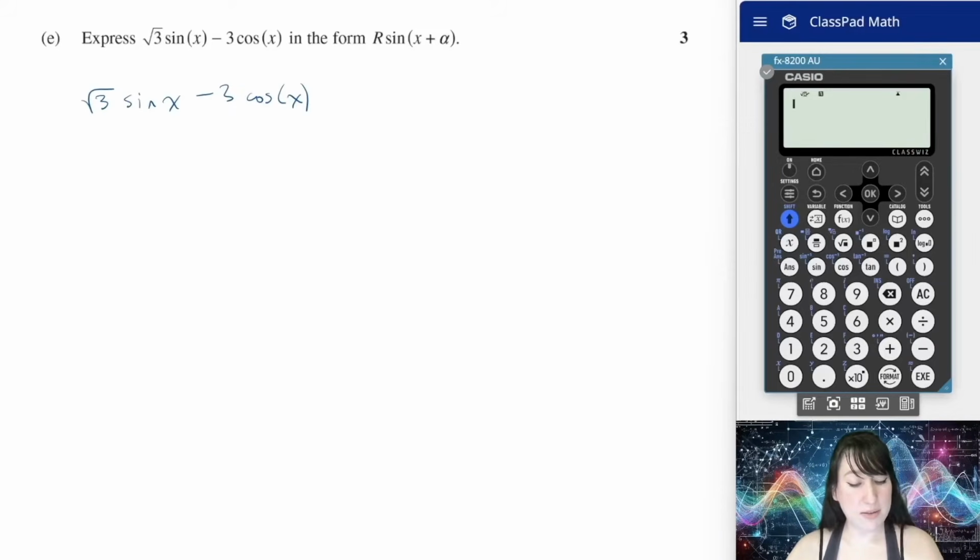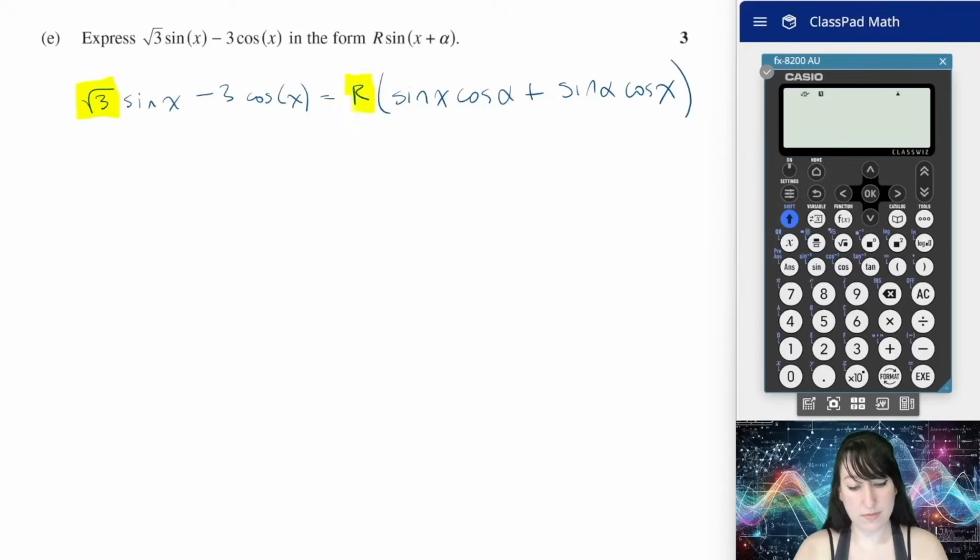root 3 sine x minus 3 cosine x equals r times sine x cosine alpha plus sine alpha cosine x. Now all we need to do is equate the coefficients for sine and for cosine. Of course, the coefficient for sine on the left-hand side is root 3. On the right-hand side, it would be r times cosine alpha.